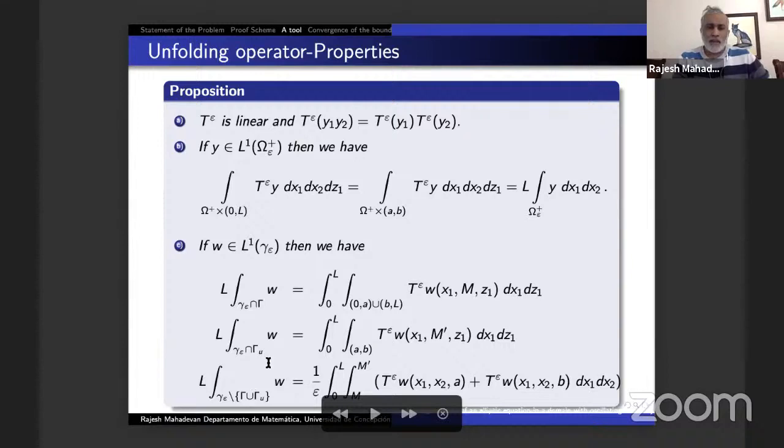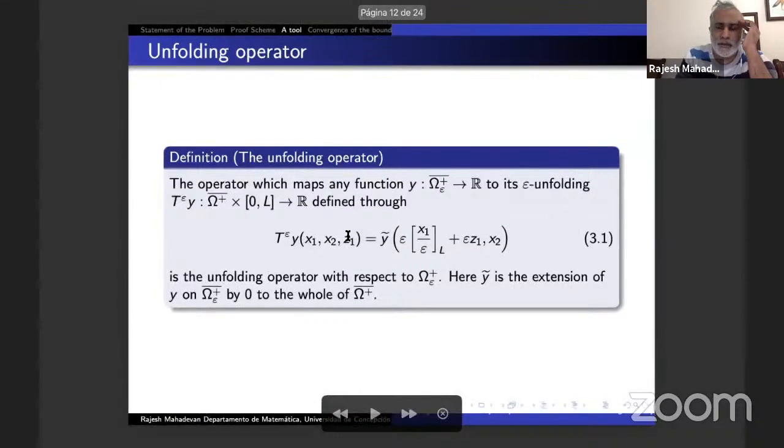But if you have oblique or vertical parts, then the integral of the unfolded function has the following relation with the integral on the vertical parts of the original function. So how do you explain that?